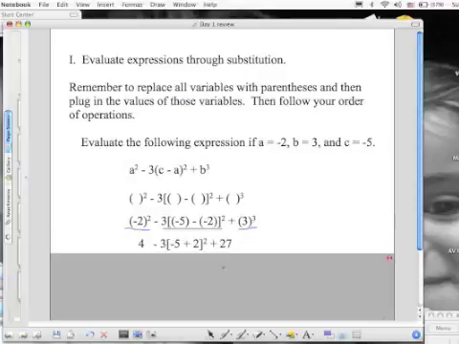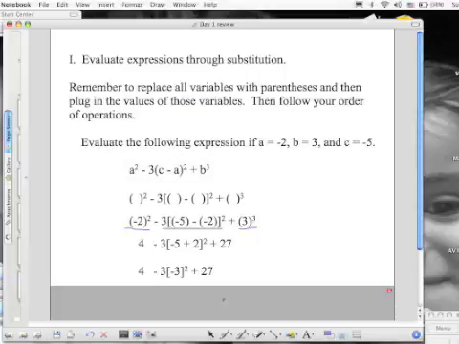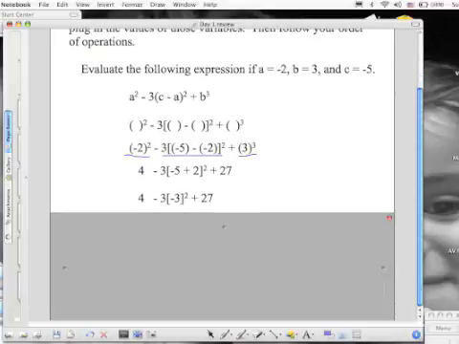Alright, when we square -2, we got +4 here. When we cubed 3, we got +27. In the center, this entire term, we start with the innermost parentheses. This is -5 minus a -2. Remember, when you subtract a negative, it turns to addition. Still, we need to finish what is in parentheses before we raise anything to the second power. Negative 5 plus 2 is a negative 3.